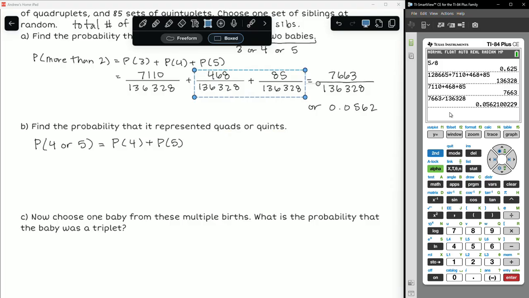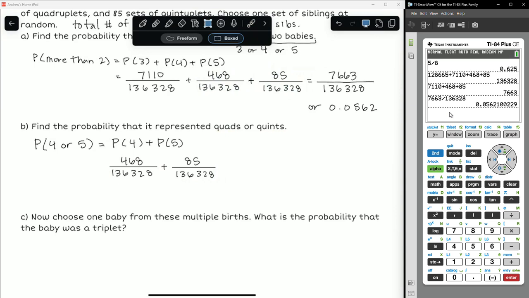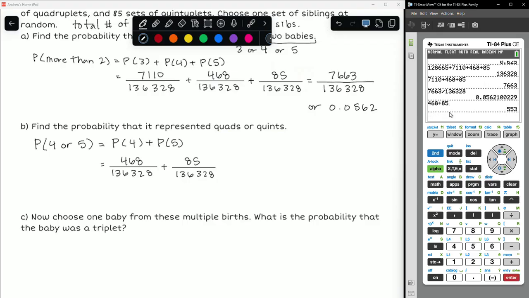Those fractions are right here. We know the probability of being a quad is 468 out of the total, and a quint is 85 out of that. So that's going to give us 553 out of the 136,328. And that is a mouthful.